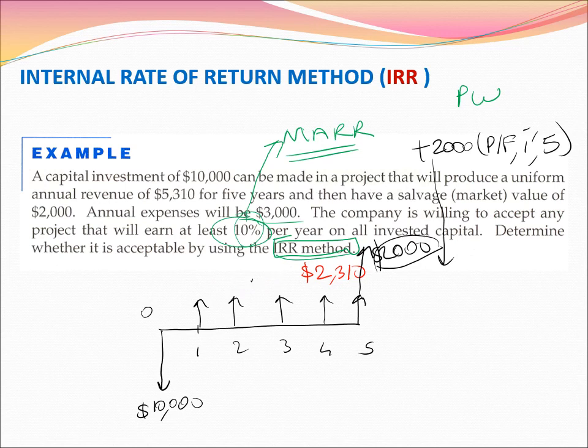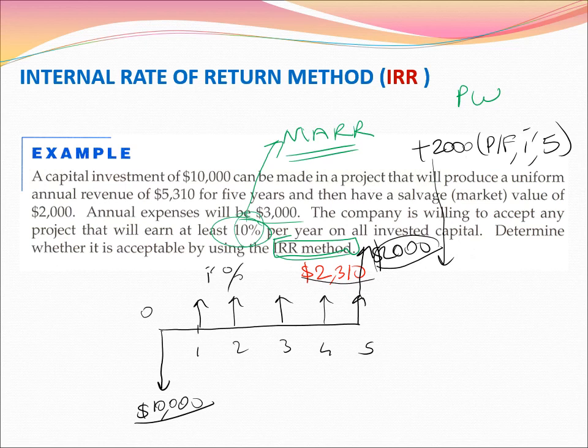Okay, we have this initial investment of 10,000 and we have annual net earnings of 2,310. And what is the interest rate that makes the expenses equal to revenues?